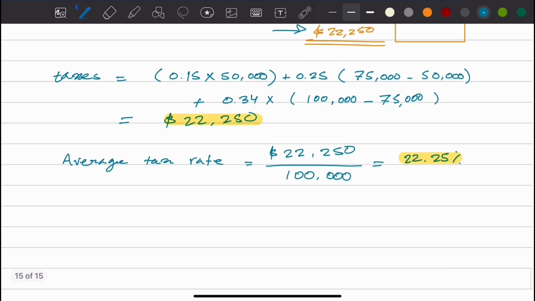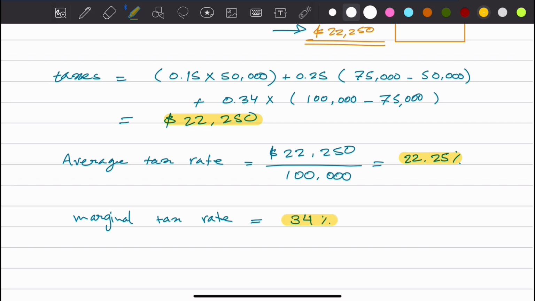So the marginal tax rate is simply going to equal 34%. And with this, we have satisfied all the requirements in the question. We have figured out the average tax rate and the marginal tax rate.